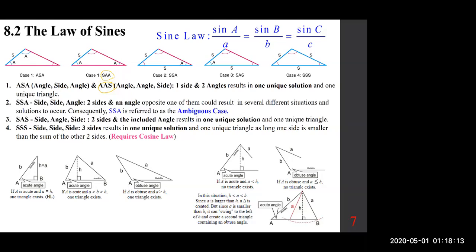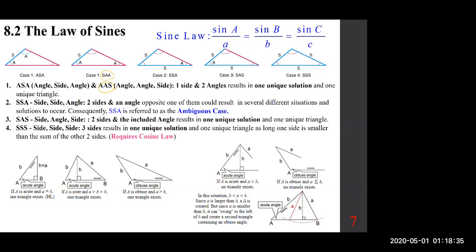You'll see what I mean by that. Obviously, if any side is larger than the sum of the other two, or in fact, if it's equal to the sum of the other two, it fails, okay? So that's the case for number 4.